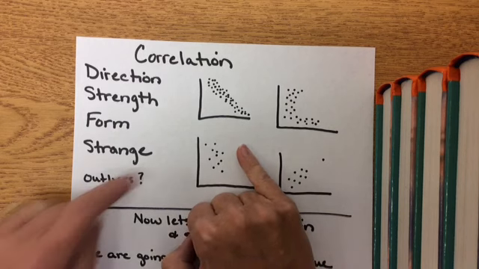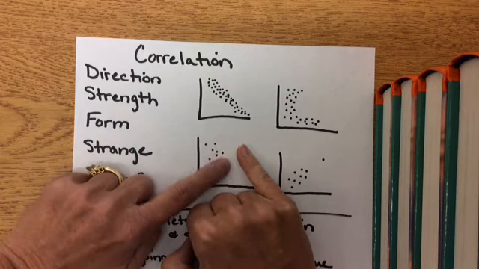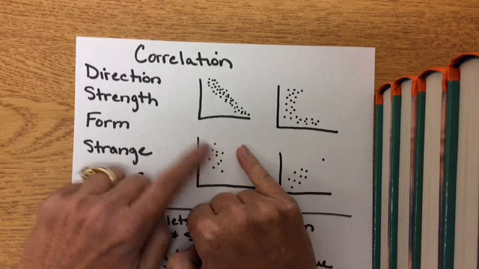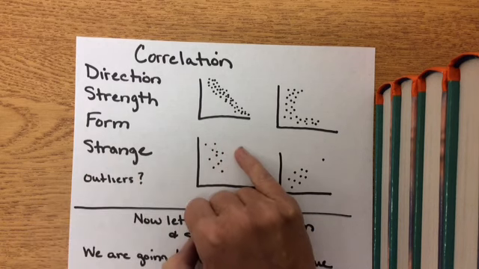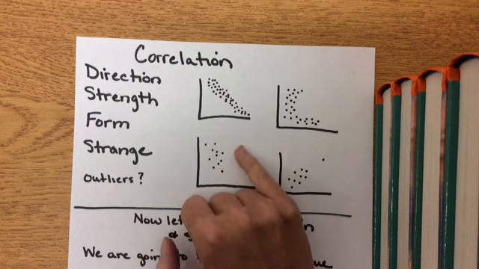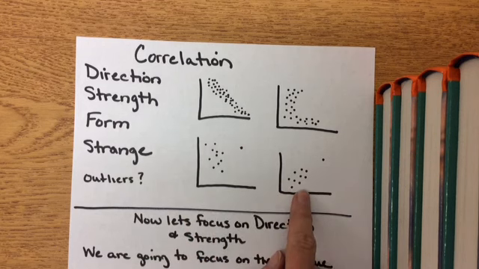Once I put my pinky on the point, now we see that the direction has changed. So the rest of these points don't go with that point. See how if I move my pinky, the direction of the graph seems to change? Look at the graph over here. That doesn't happen when I do the pinky trick over here.